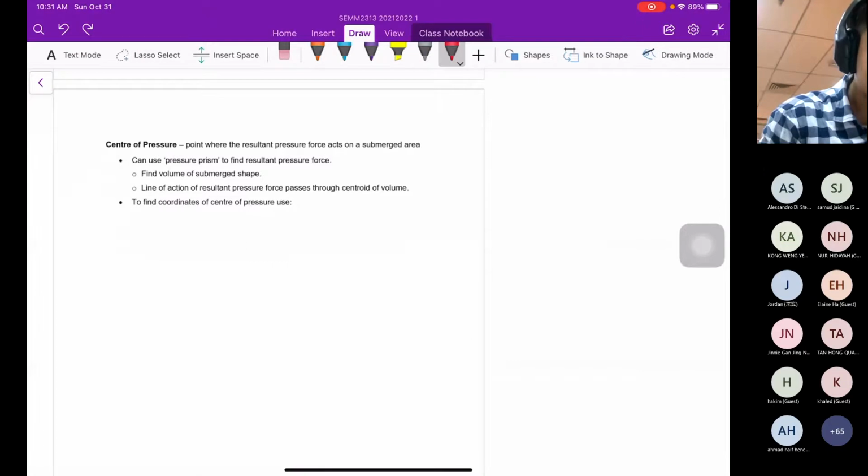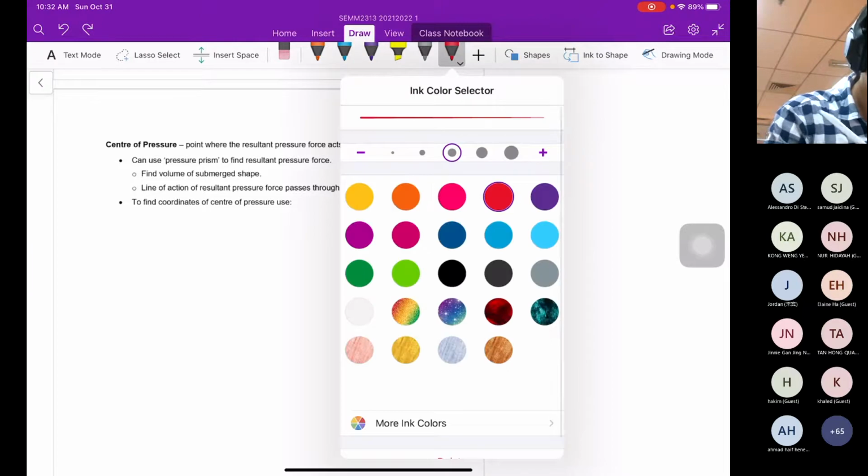Okay, this is the center of pressure where point of resultant pressure force act on the submerged area. So can use the pressure prism to find the resultant pressure force. Okay, this is the step: find the volume of submerged shape and line of action. To find the coordinate center of pressure, we use this formula.